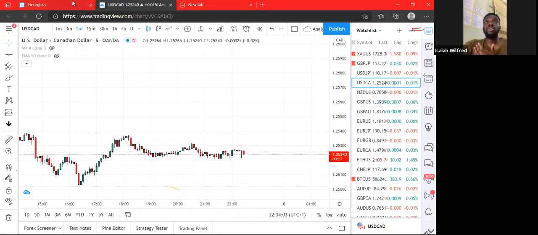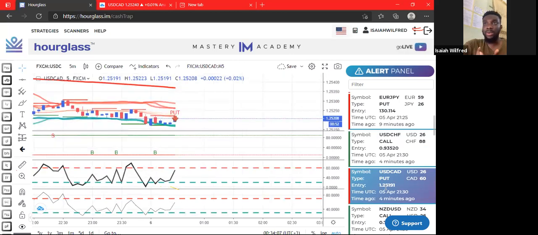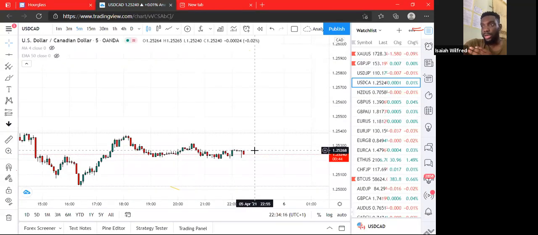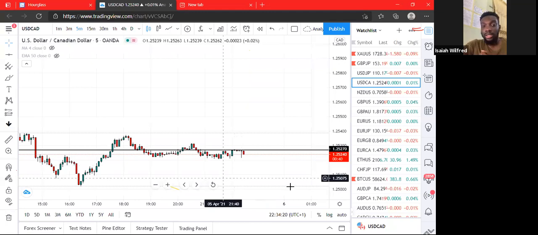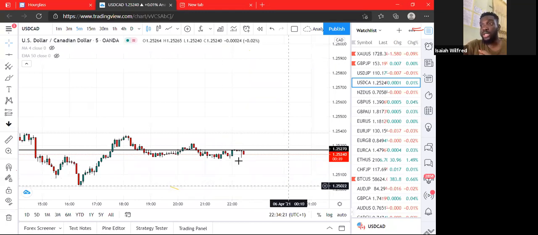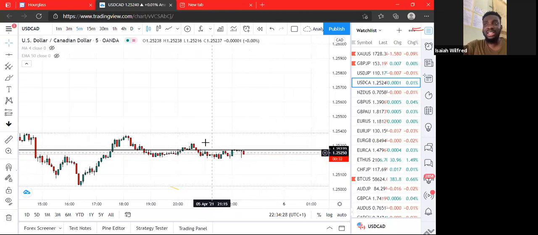Cashtrap can be calling out a put right now. So the only thing I'm doing on TradingView is to come here, price reversed here, that means I'm marking a zone here. So I'm going to say, okay, guys, if USD CAD should come up to 270, I'm taking it for a sell. That's all I'm doing. I'm just locating the nearest resistance and support zone.